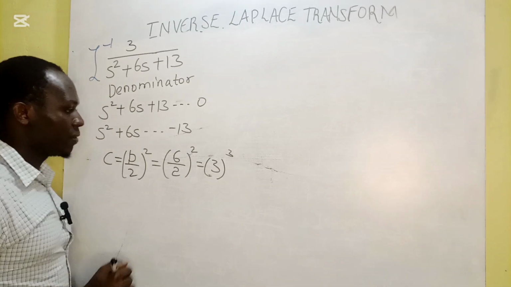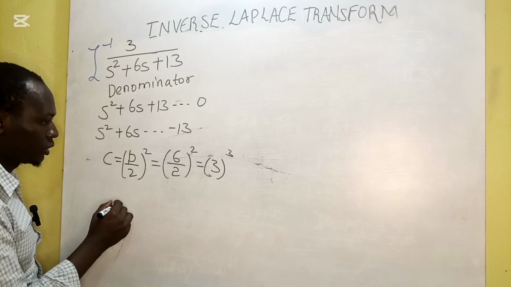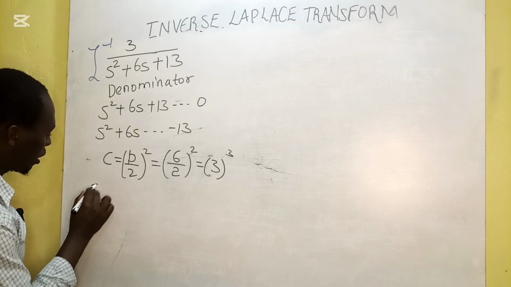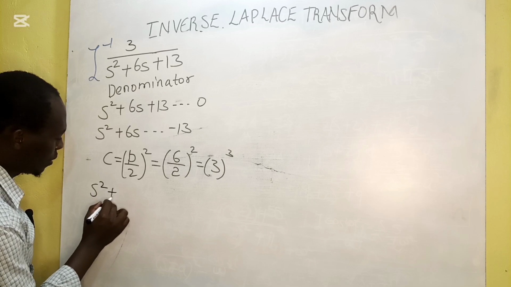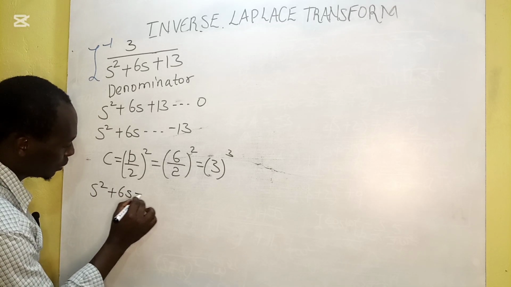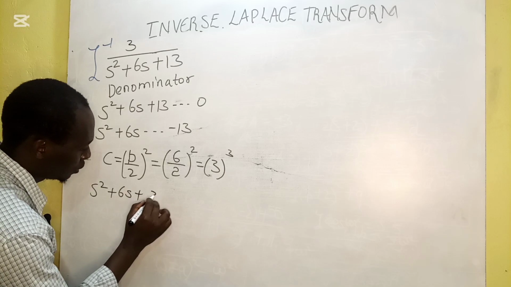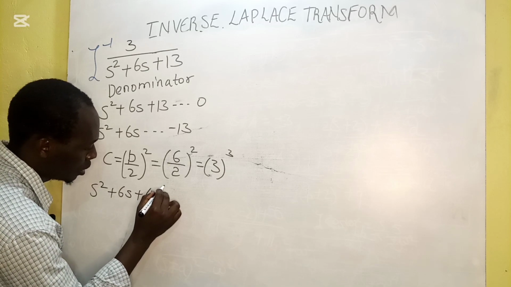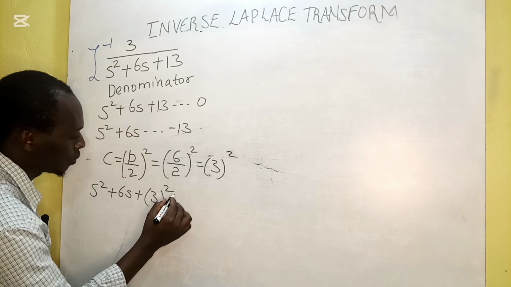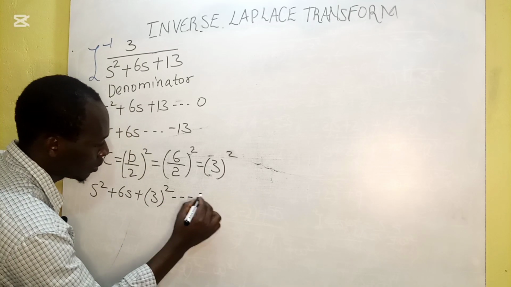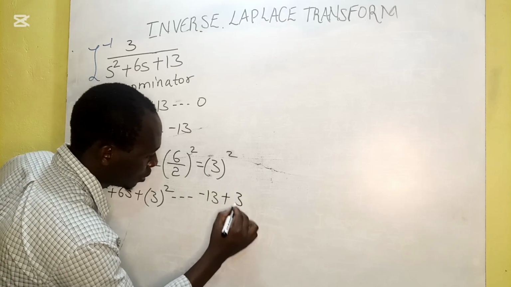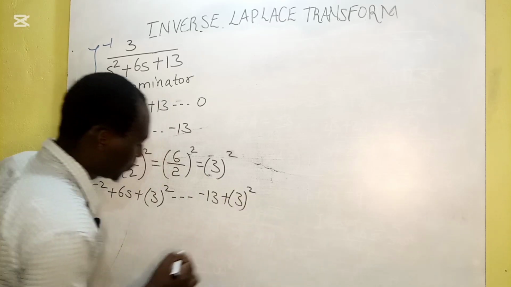Let us rewrite everything from this point by introducing the value of c. s squared plus 6s plus 3 squared equals negative 13 plus 3 squared.